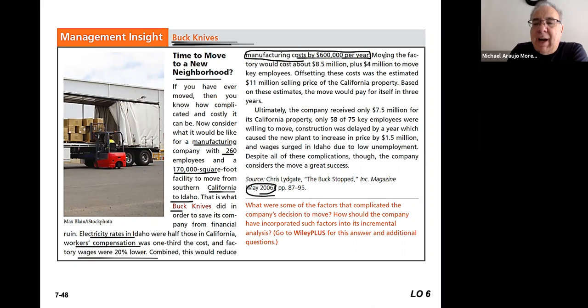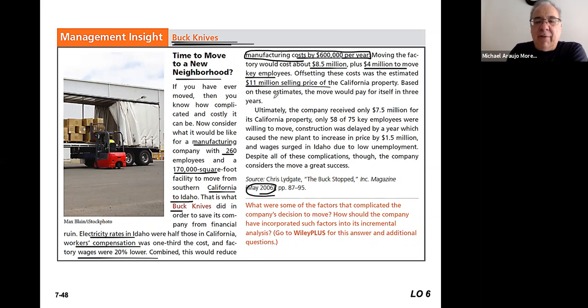Again, it would cost about $8.5 million to move the factory, plus another $4 million to move all those key employees. That's a nice little way of saying management. Offsetting these costs was an estimated $11 million selling price of the California property. So overall, it wasn't really going to cost them much to do it.